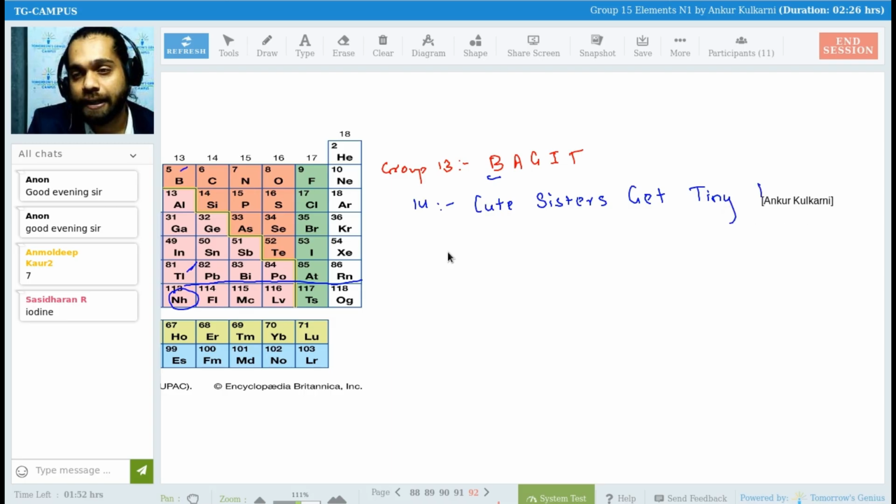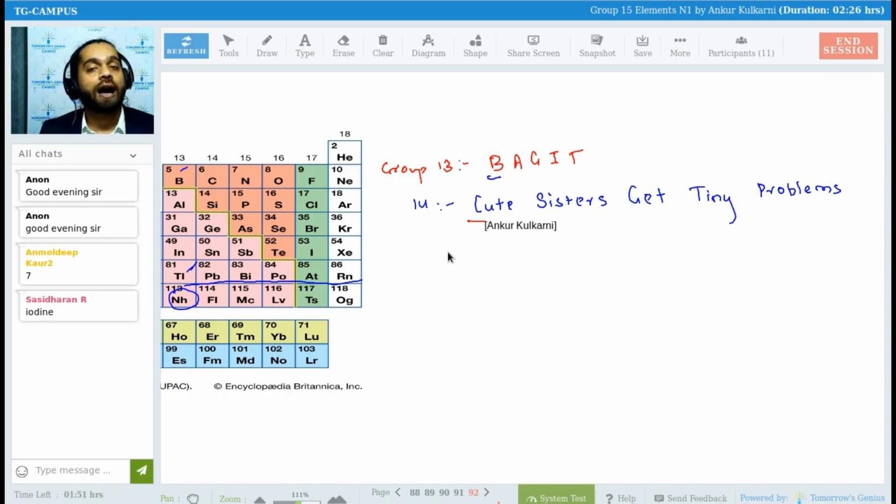So group 14, what does it stand for? C stands for carbon. Si stands for silicon. Correct. Ge stands for germanium. Now Sn, what is Sn, everyone?